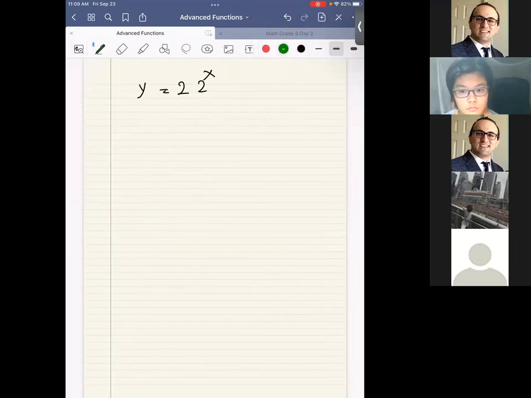We can say that it's a vertical stretch.